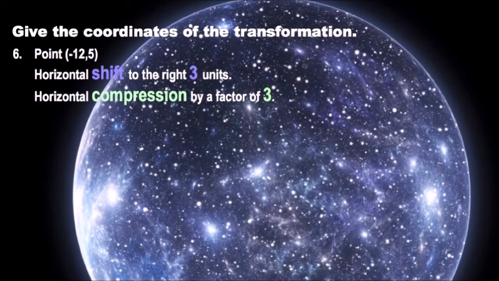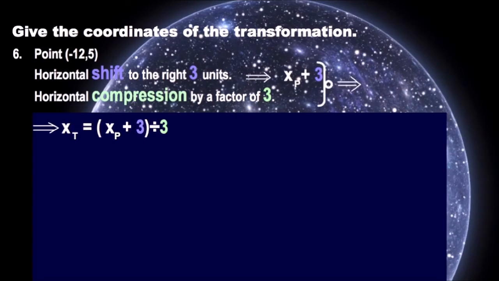Point of coordinates (-12, 5). Horizontal shift to the right 3 units. Horizontal compression by a factor of 3. A shift is x parent plus 3. Thus, x transformation equals the quantity x parent plus 3, everything divided by 3, or x transformation equals 1/3 times the quantity x parent plus 3.